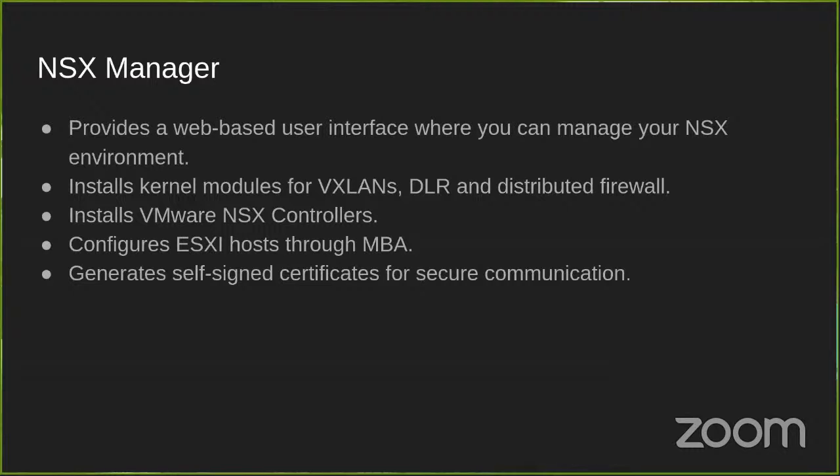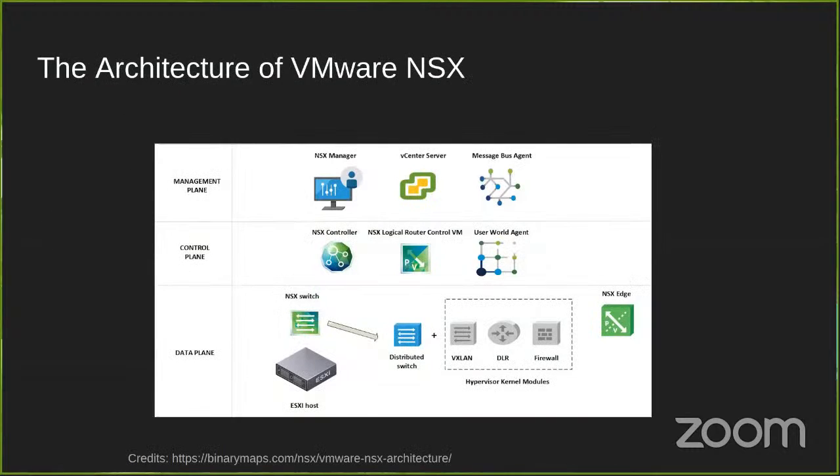We also have the DLR, which stands for the distributed logical router, and the distributed firewall. It also installs the VMware NSX controllers, and it configures ESXi hosts using the MBA, the message bus agent. Going back to my slide, in the management plane we have the message bus agent.